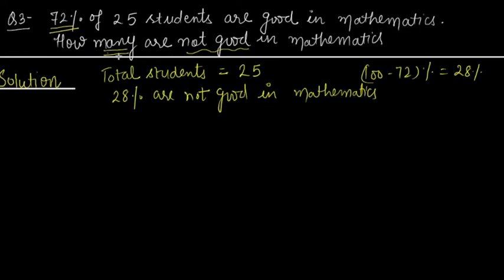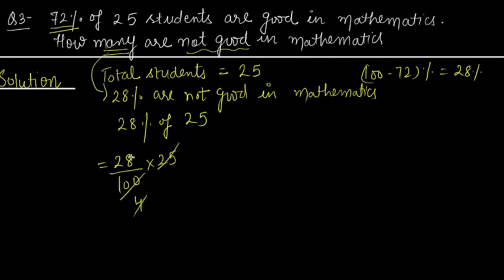How many means you do not have to tell only the percentage, we have to calculate the count. So if I calculate 28% of 25, how much will it be? 28 upon 100 into 25. 4, 4 sevens are 28. It means 7 students are not good in mathematics.